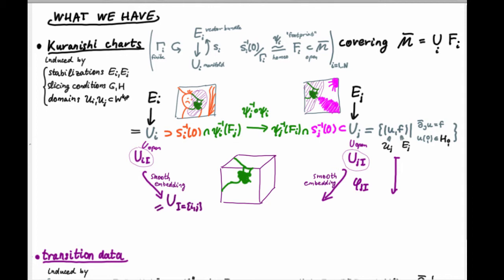So the model for these little fattenings were the stabilized, perturbed solutions of the d-bar operator, where d-bar u is e.